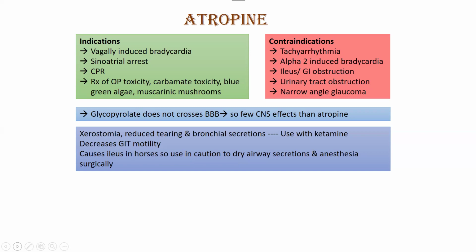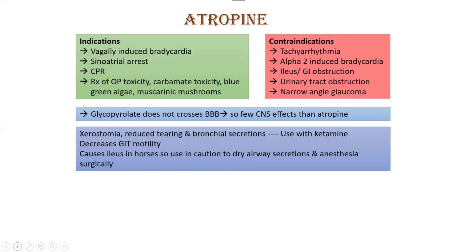Next is decreased GIT motility. If GIT motility is reduced, especially in horses, atropine will cause ileus, and that is dangerous. So use caution when using it in horses.